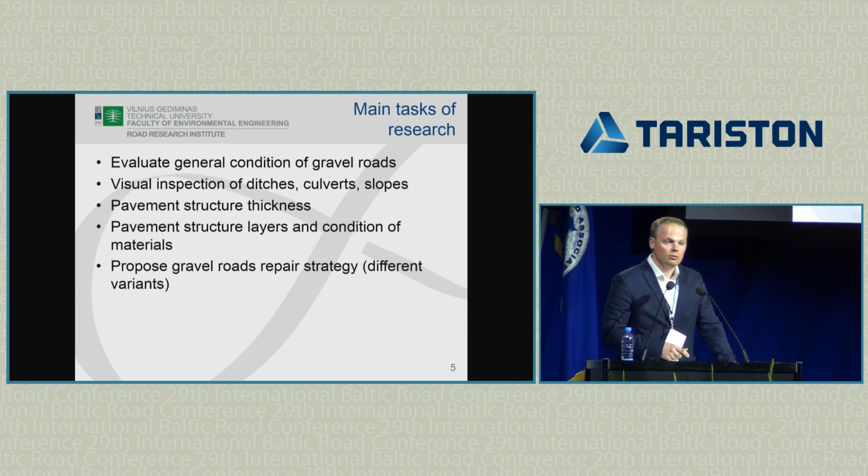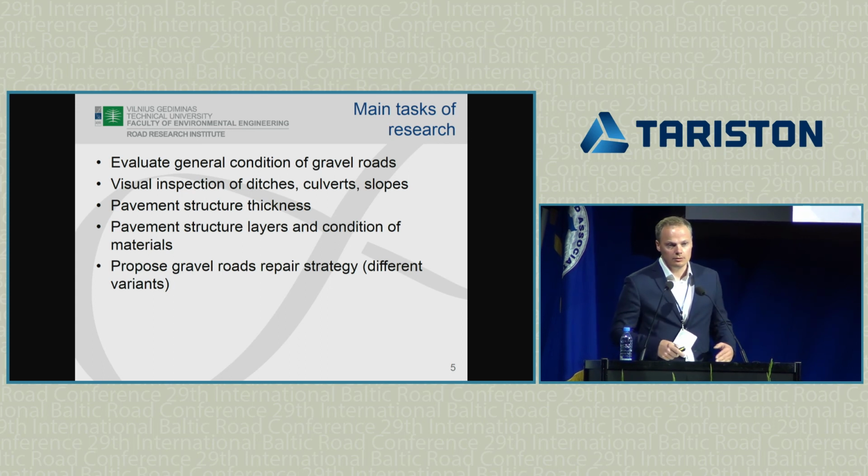In the beginning, visual assessment and visual evaluation is very important to collect the distresses of a pavement, width of a pavement, and other things. And afterwards, we have to think about pavement structure, because after rehabilitation, we want to come back to this road not earlier than 20 years.